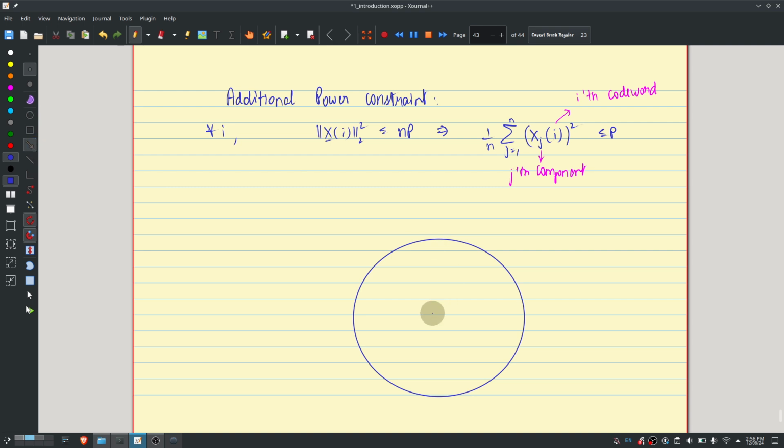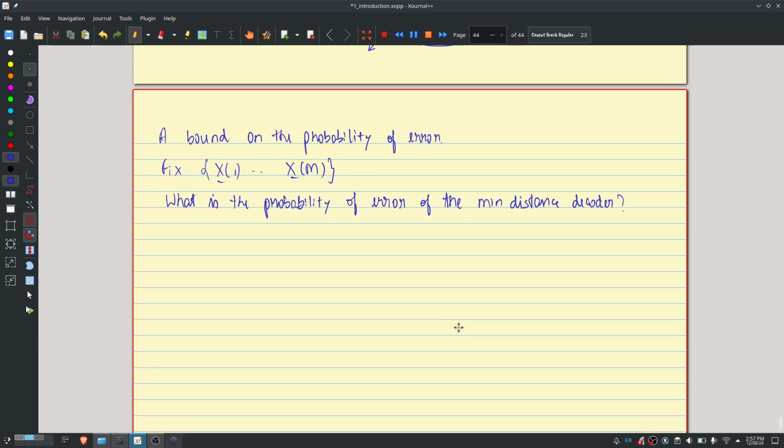Really, the geometric way of thinking about this is you have all of these code words, which have to lie within this ball of radius square root n times P. And so on. Okay.